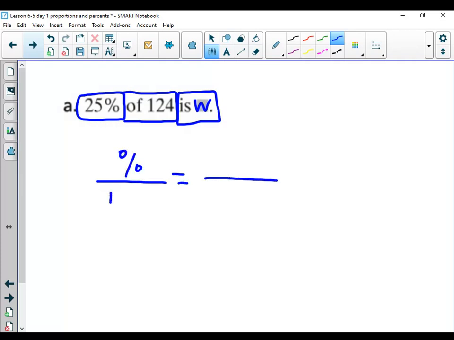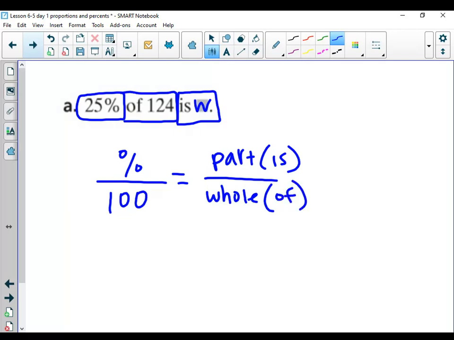And then I start to replace some of this information with the problem. First of all, 100 never gets replaced. It's in every problem. But what can get replaced is the percent sign. I'm going to replace it with 25.